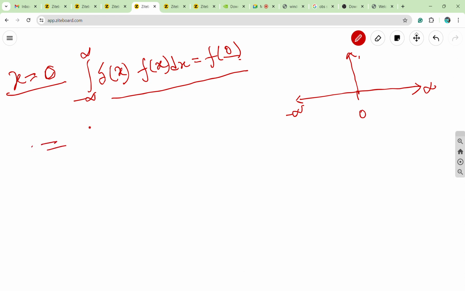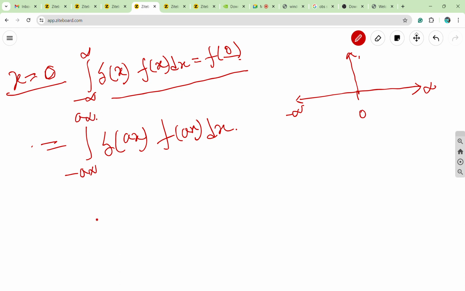Then if we change the variables like this, delta of x, f of x, dx, it is similarly multiplying an infinite and an infinite, so it actually does not change, it is still infinite.